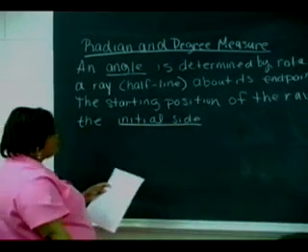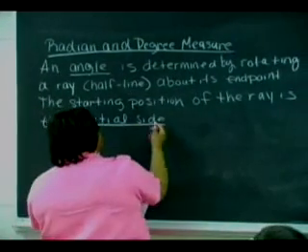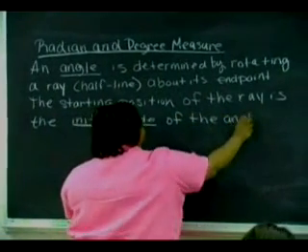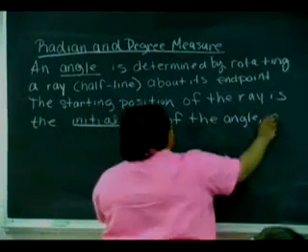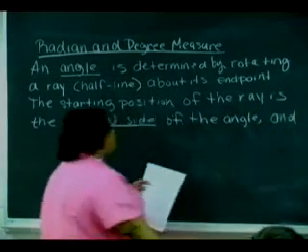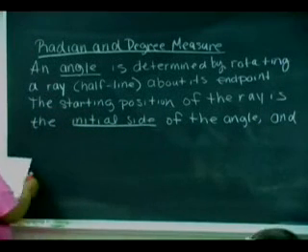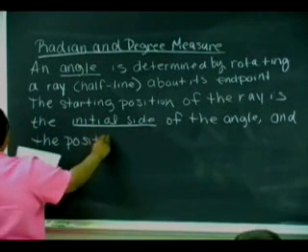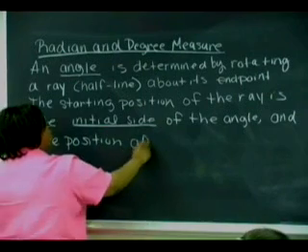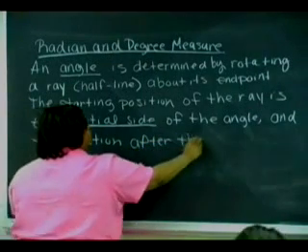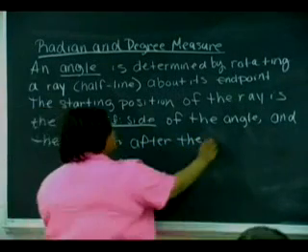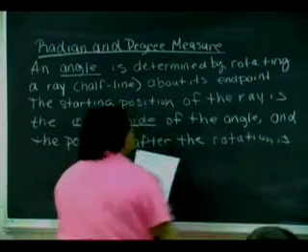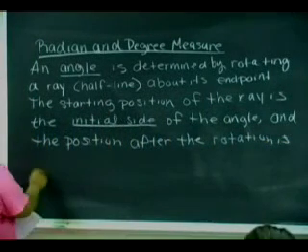And we're going to demonstrate what this is in a couple of minutes. It's the initial side of the angle. And the position after the rotation is called the terminal side.